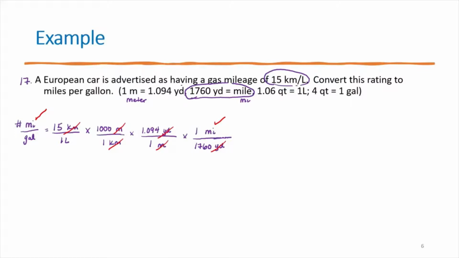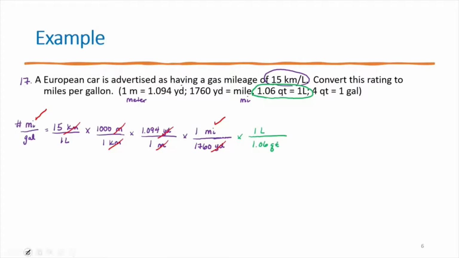So let's work on our denominator. We've got liters, we want gallons. Well, I have a conversion here showing me a quart to a liter. So I'm going to go ahead and use that conversion. I'm going to say 1 liter in my numerator and 1.06 quarts in my denominator.